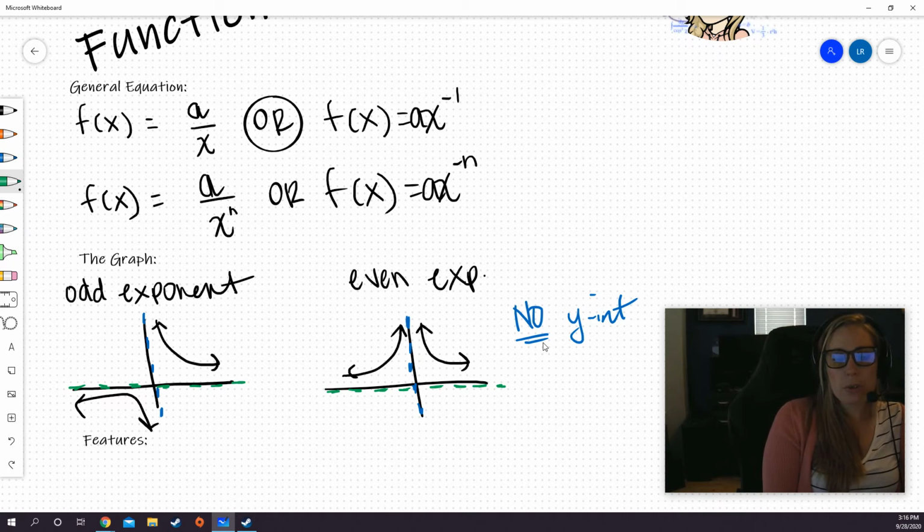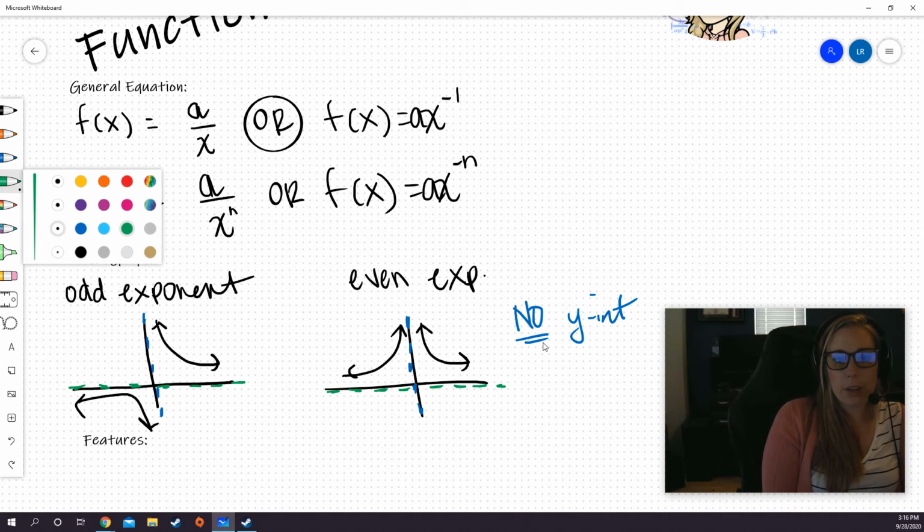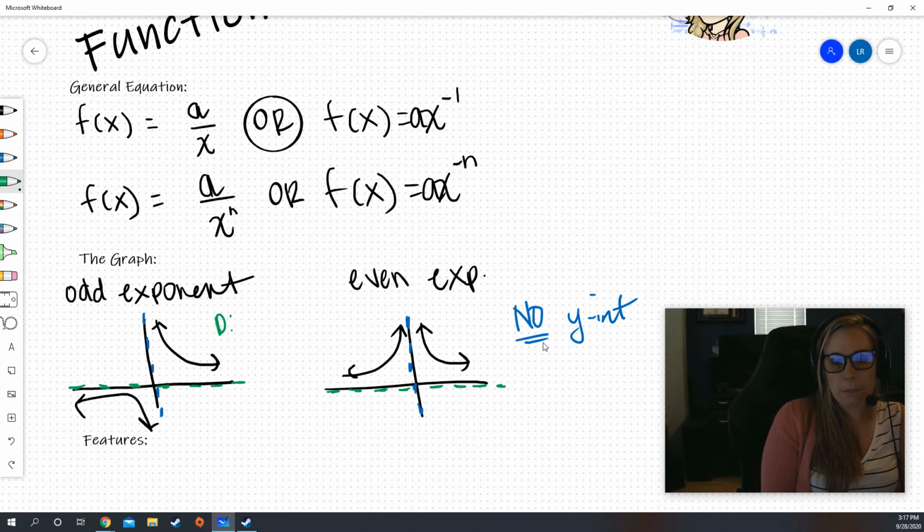So let's talk about the domain and range here for a second. Well, the domain for this one is going to be all values except for 0. So negative infinity to 0, union 0 to infinity. This says that our domain is this interval here, but it can't be 0, and this interval here, but it can't be 0. Our range is exactly the same thing. It's going to be negative infinity to 0, and then 0 up to infinity.